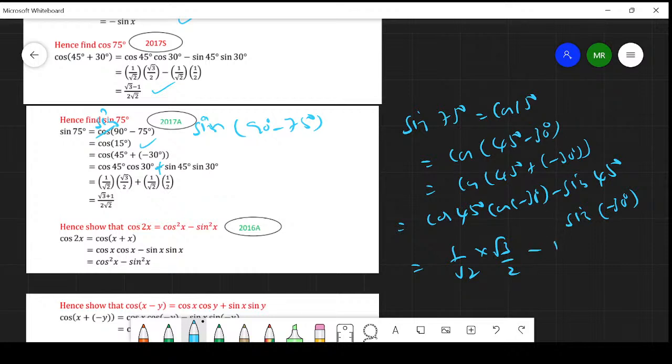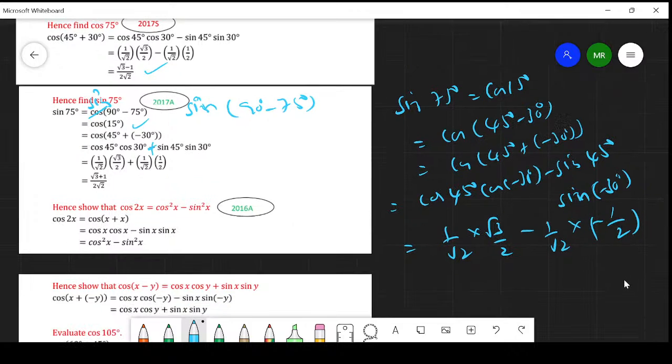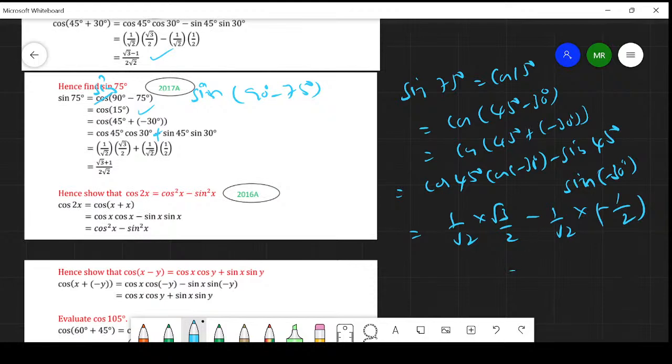This is minus sin 45, 1 by root 2, times sin of minus 30, and sin of minus 30 degrees is minus sin 30, minus 1 by 2. So this will be the answer: root 3 plus 1 by 2 root 2. Root 3 plus 1 by 2 root 2, this is our answer.